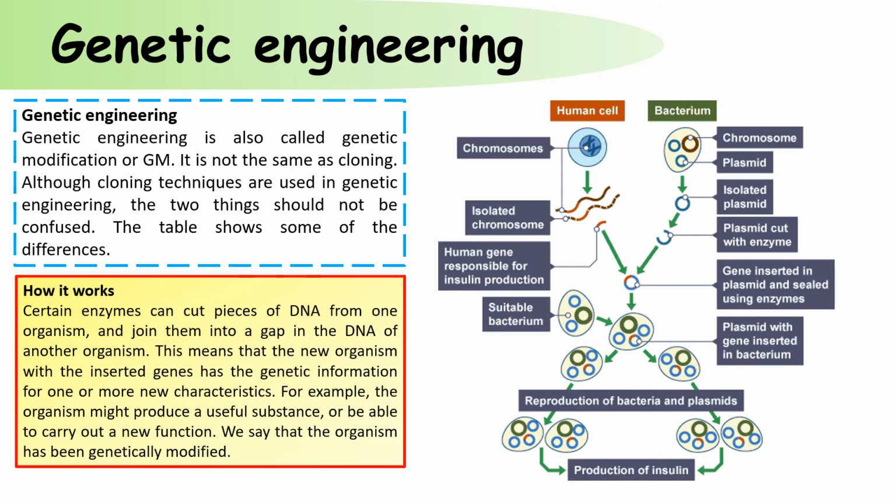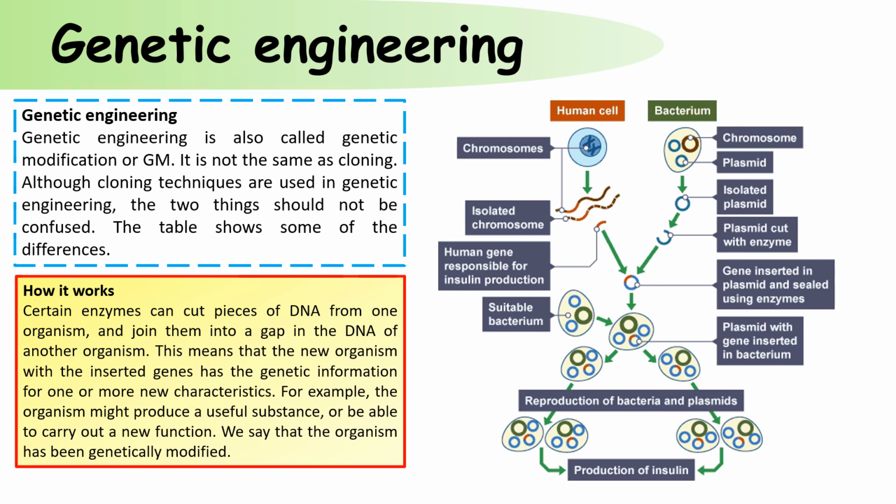So, we start off by identifying the human cell that we want the gene out of, in this case a pancreatic cell. The DNA is extracted from it and the gene is located. The gene is then cut out using restriction enzymes.